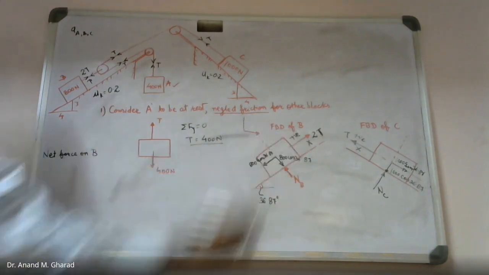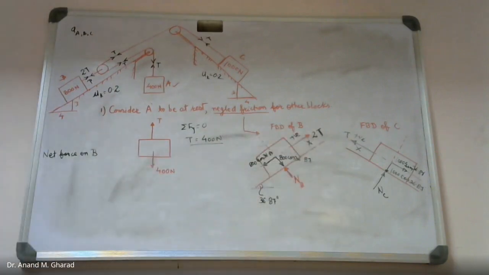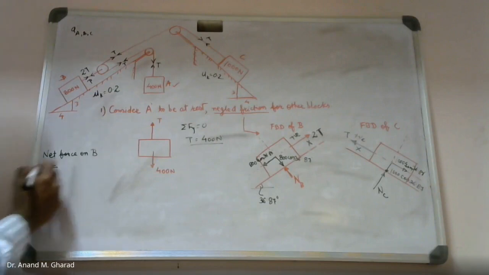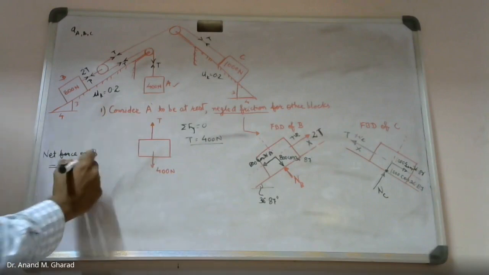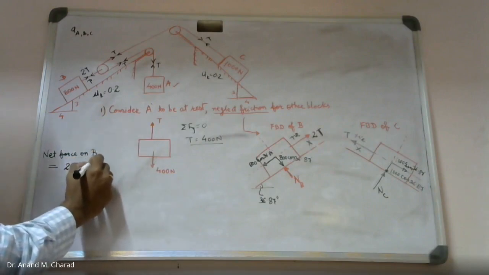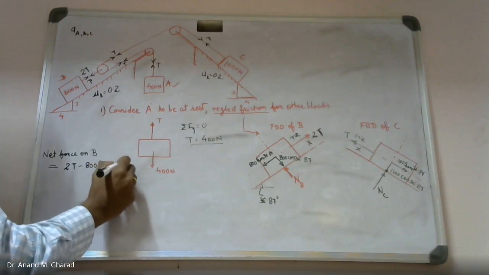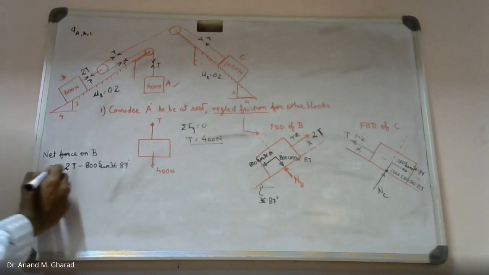I mean the force which is responsible for the motion of this block. What it will be? Net force acting. It will be 2 times T, which is positive, minus 800 sine of 36.87. Anything else other than these two forces?